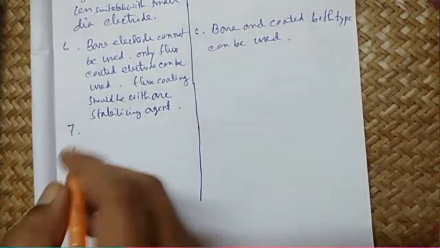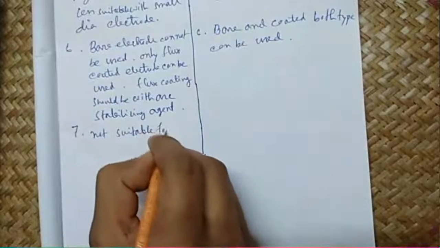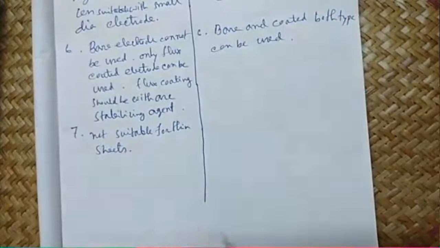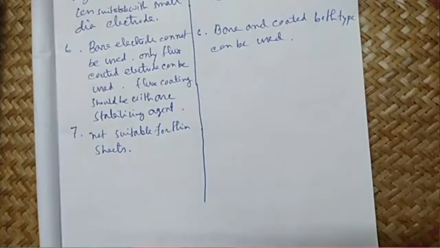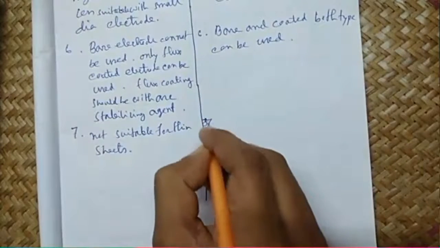So thin sheets not suitable. And for sheet metal it is very difficult in striking the arc. So thin sheets are not done with AC. So this is also 7.